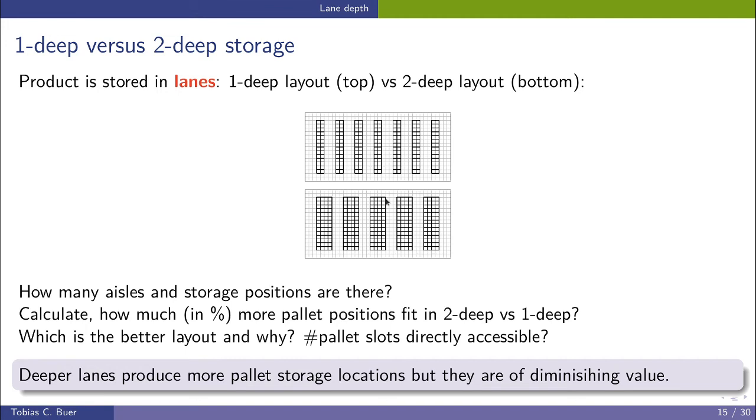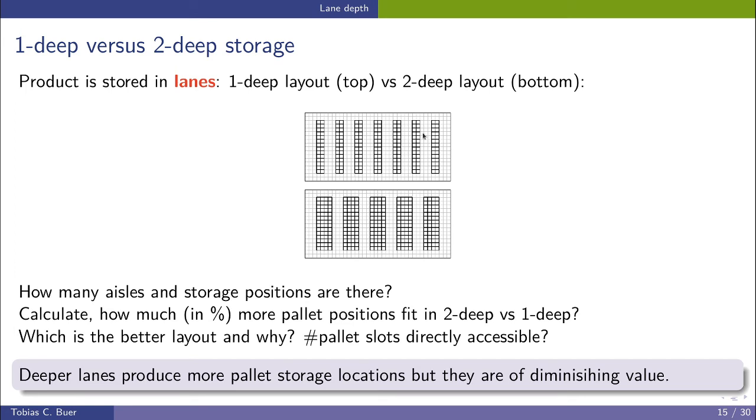What you will find out is that the 2 deep layout is able to host more storage positions. Without actual numbers, this is immediately clear. We have more storage positions in the 2 deep layout. However, we have fewer pallet positions that are directly accessible.